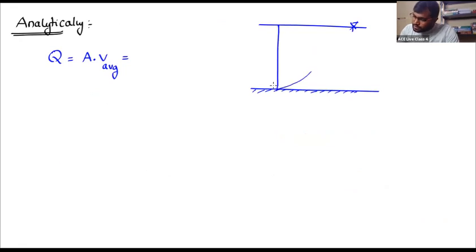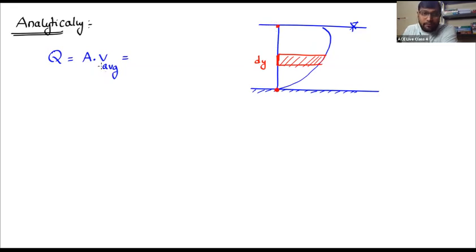There is a velocity distribution again. You can take a small strip over here, whose depth is going to be dy, and you can find the velocity variation from bottom to top.